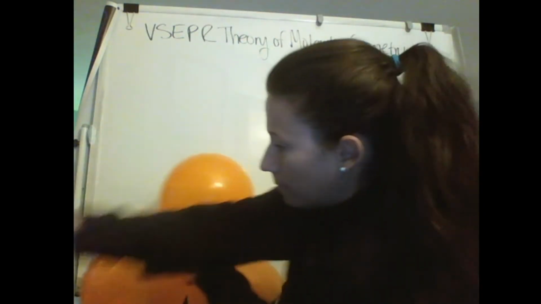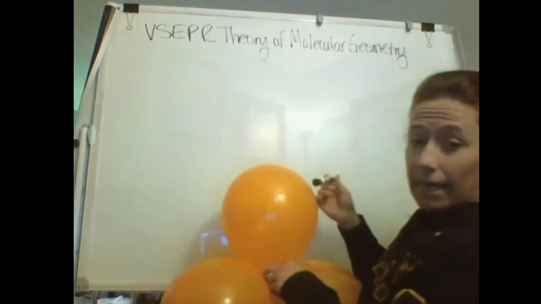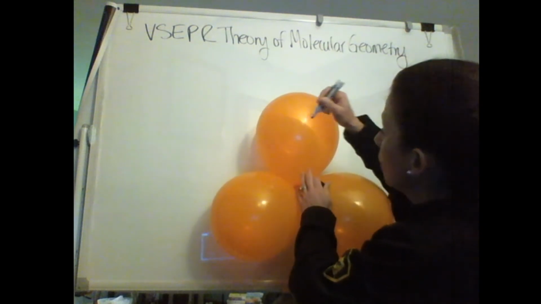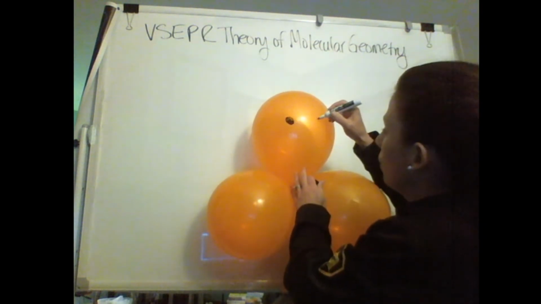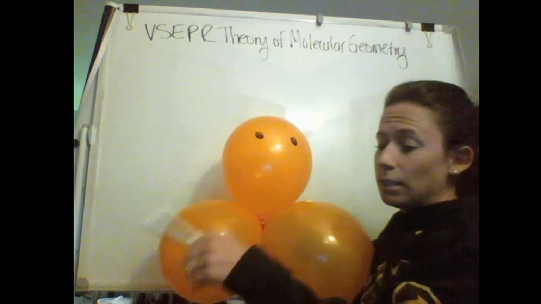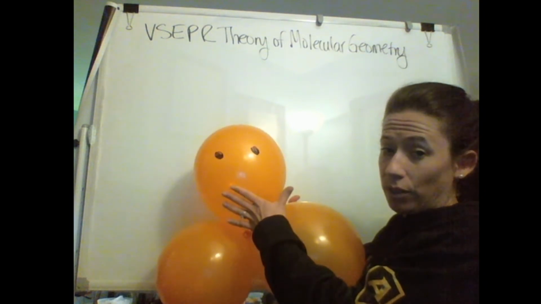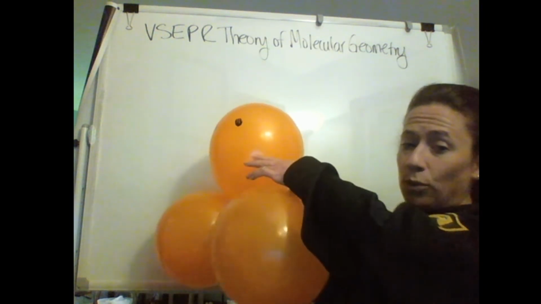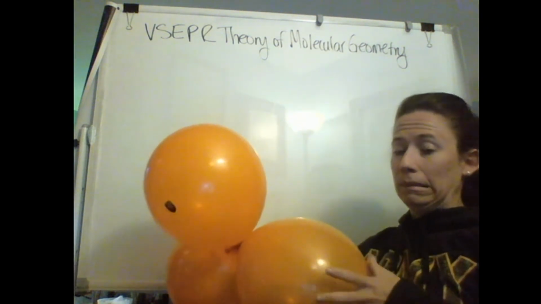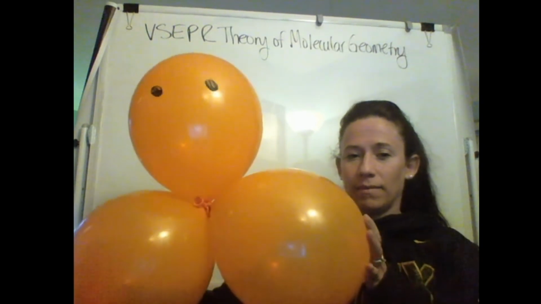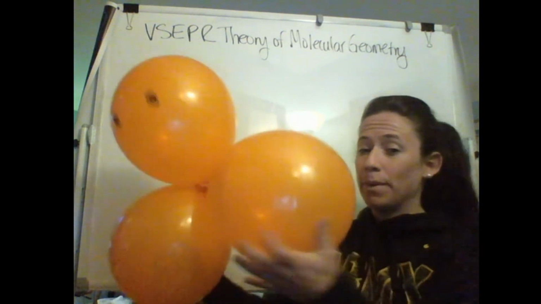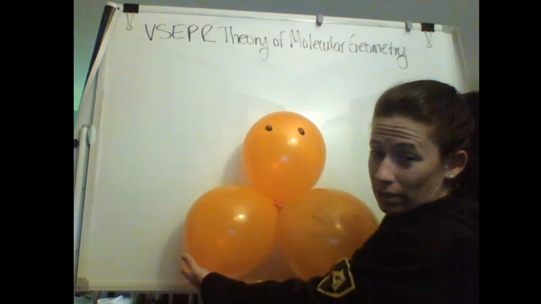imagine, if you will, that one of these balloons has a lone pair in it. As opposed to just being all the same size bonded domains, one of these balloons has lone pair electrons in it. And what does that mean? That means that this balloon would get blown up bigger. If this balloon on top blew up bigger, you guys, these two balloons down here on the bottom would get smushed downwards because the balloon on the top would be taking up more space than it was before.